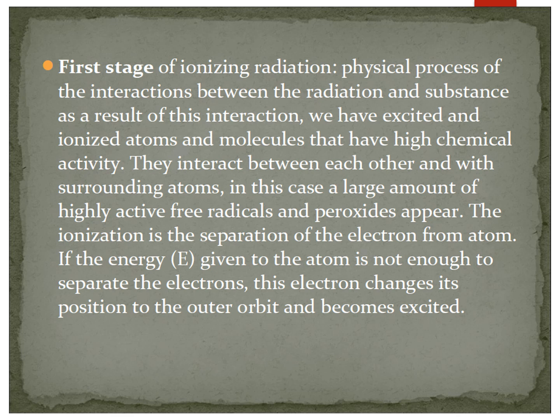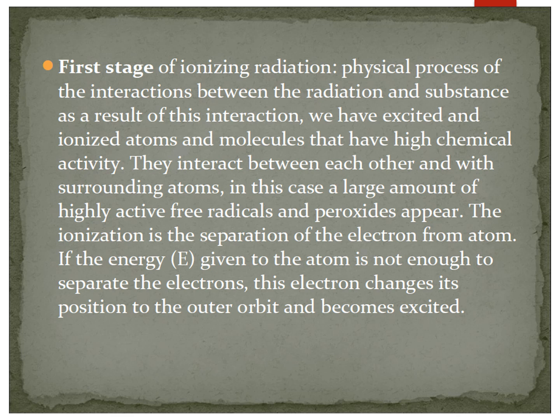First stage of ionizing radiation: the physical process of the interactions between the radiation and substance. As a result of this interaction, we have excited and ionized atoms and molecules that have high chemical activity. They interact with each other and with surrounding atoms.